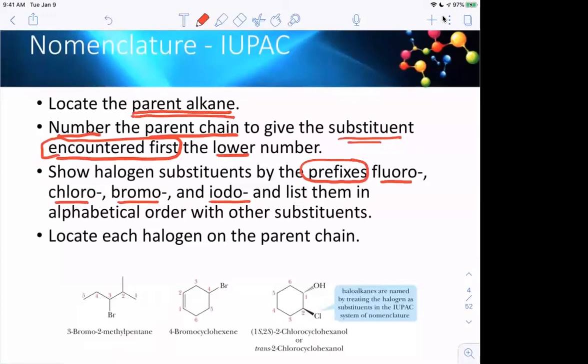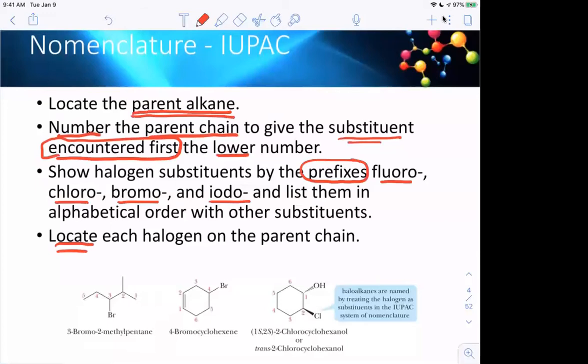So when I have other substituents contained in the same molecule, these prefixes that indicate the halogens are going to be listed in alphabetical order with other substituents. I'm going to put the location, that locant, dash the prefix, so that I can give the alkyl halide the full IUPAC name. So I am going to set that location of the halogen on the parent chain.